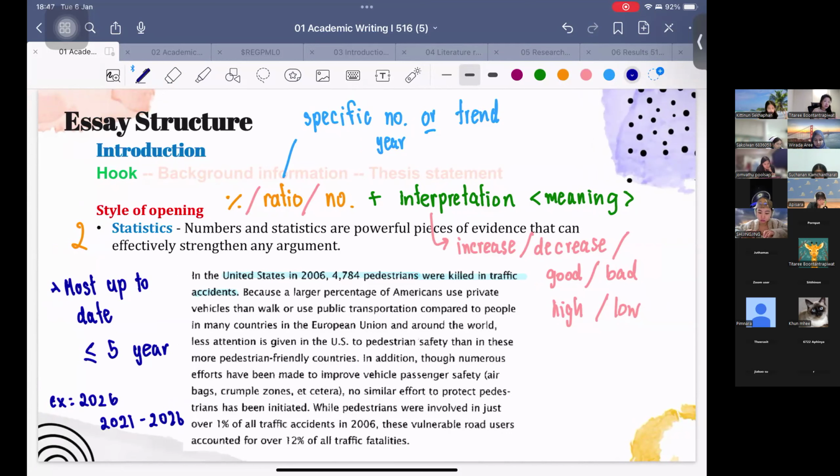Older than that is too old. Especially in the introductions, you need to pick the most up-to-date number. The 5 year gap would be most preferred.